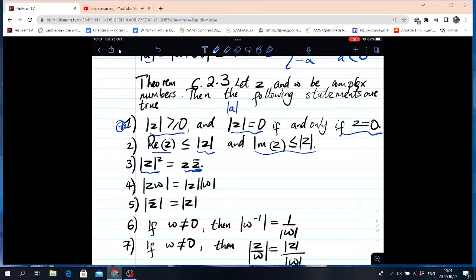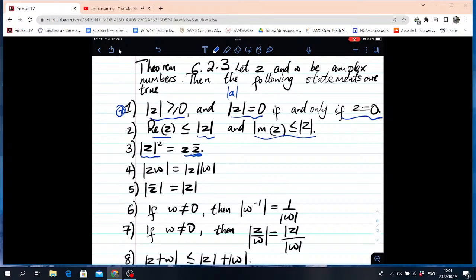Then the fourth property is that if you've got the modulus of zw, you can sort of split it up. If you think about real numbers, we know that the absolute value of ab is equal to the absolute value of a times the absolute value of b, where a and b are real numbers. So this is an extension of that.